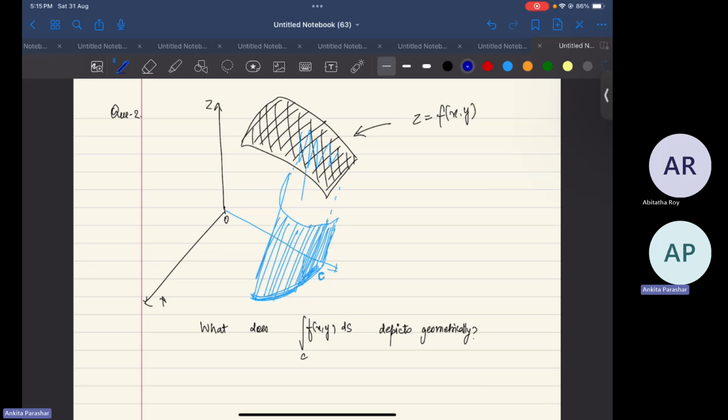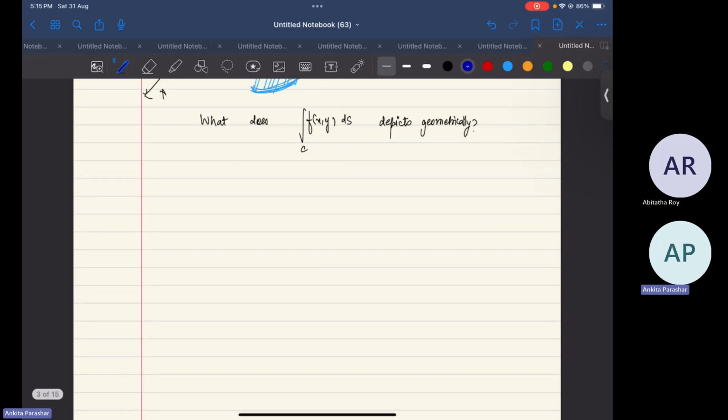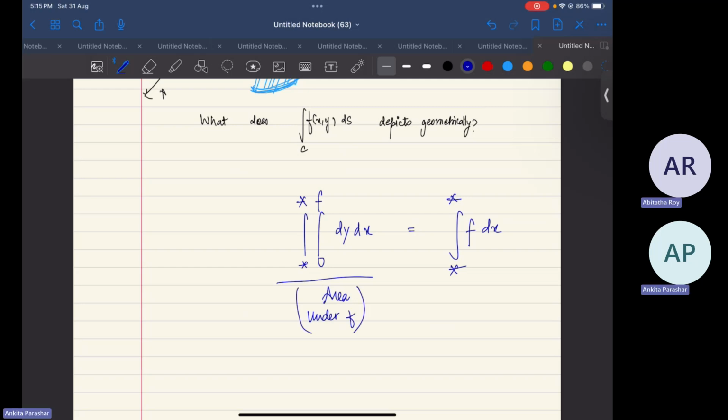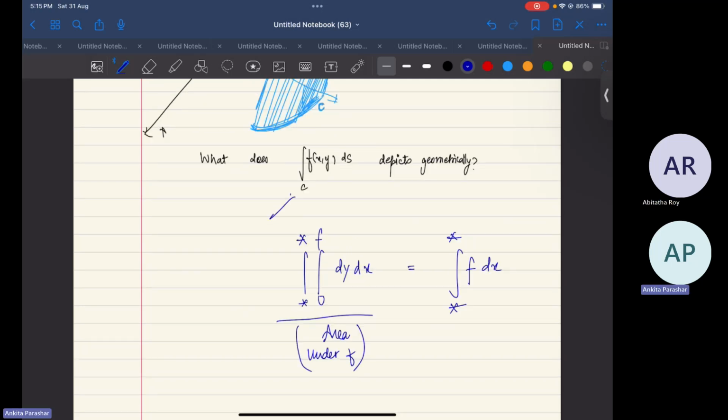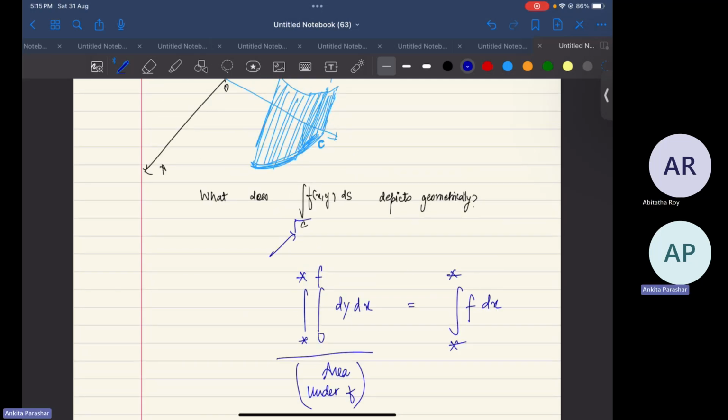I put it in a similar way to what we did in the double integration, if you remember. I did it something like this: 0 to f, and then certain limits of x, and I wrote it this way: f dx with limits of x. And I said this is nothing but the area under f. The same thing here, but it has to be bounded by the curve. You are just integrating in the region which is bounded by the curve.